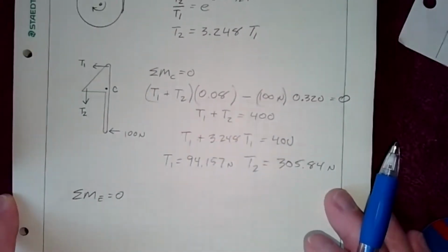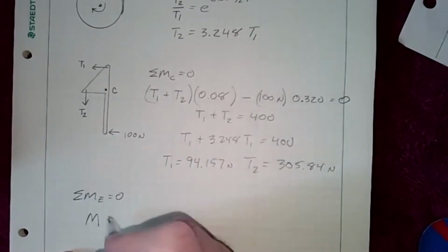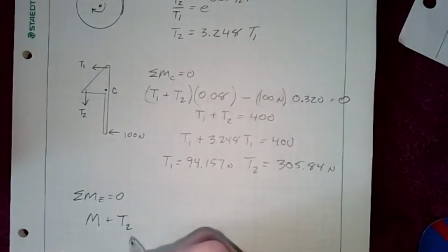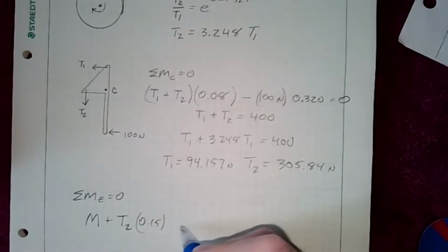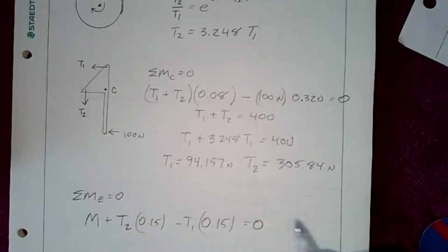So if we do that, we have the moment that we want to solve for plus T2 times 0.15 minus T1 times 0.15, all equals 0.